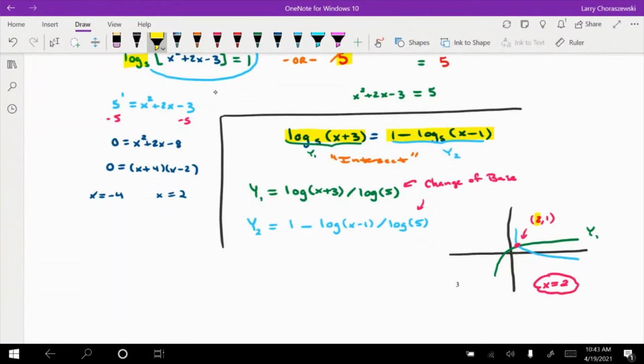So going back to our algebra solution, we had two answers for x: x equals 2, but also x equals -4. So because of what our graphing calculator is providing us, x equals -4 would be one of those extraneous solutions, meaning x equals 2 is the true solution to our equation.